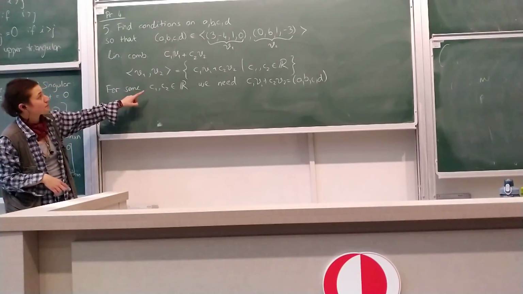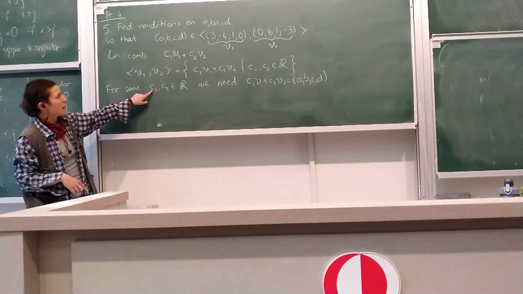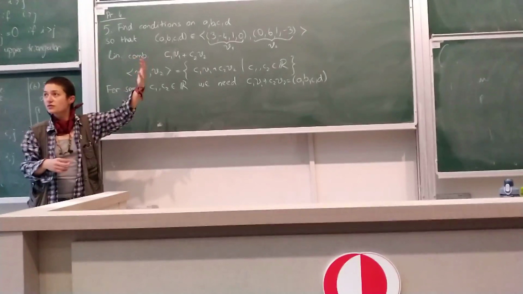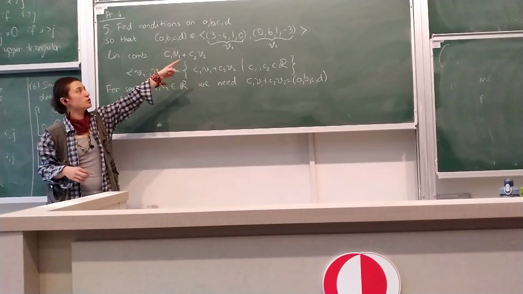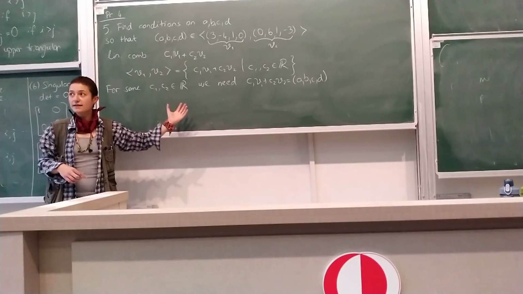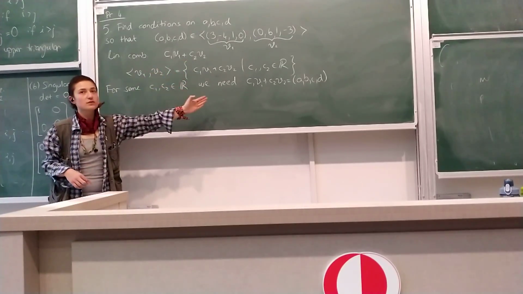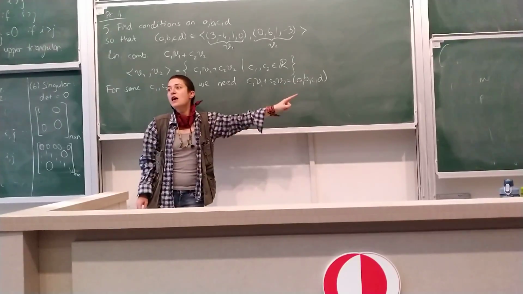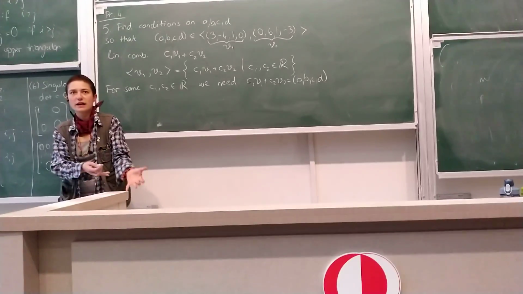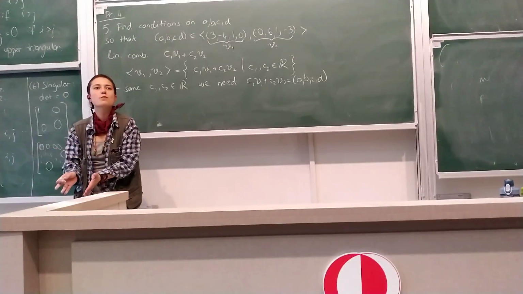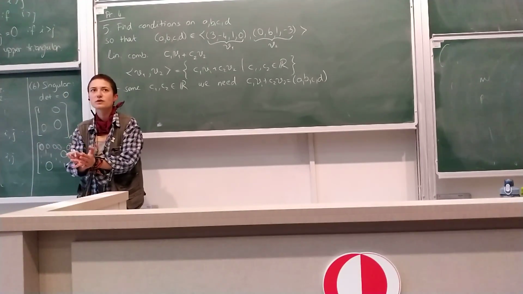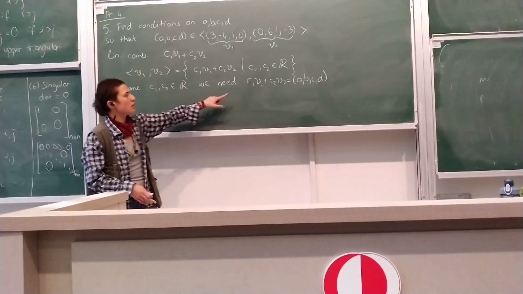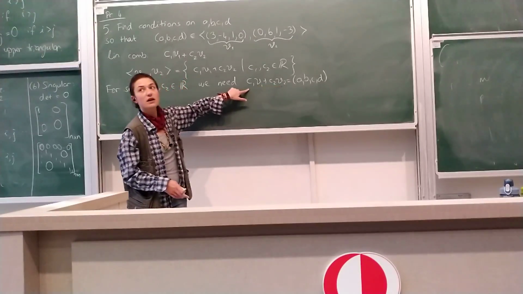This means you will multiply C1 by this vector, write it, add C2 times the other vector, write it, and then you will equate it to the vector ABCD, which means equality of two vectors means they are component by component equal, right? Every component will be equal. So check the first component of this linear combination.